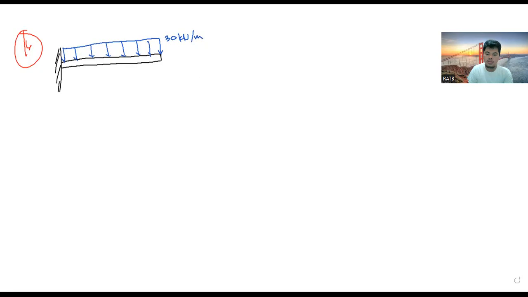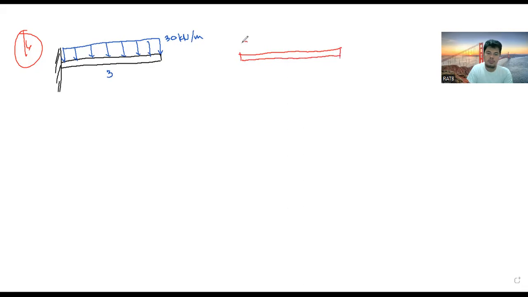The length is 3 meters long. So for a cantilever beam, this would be the support.